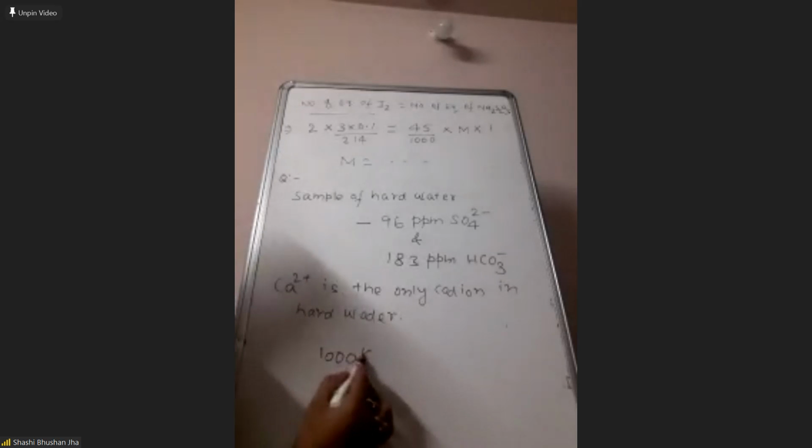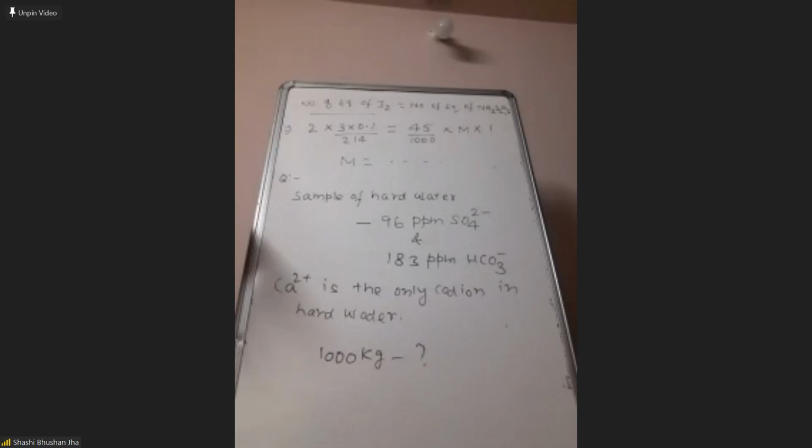Now, write, how many moles of calcium oxide will be required to remove bicarbonate ion from 1000 kg of this hard water?